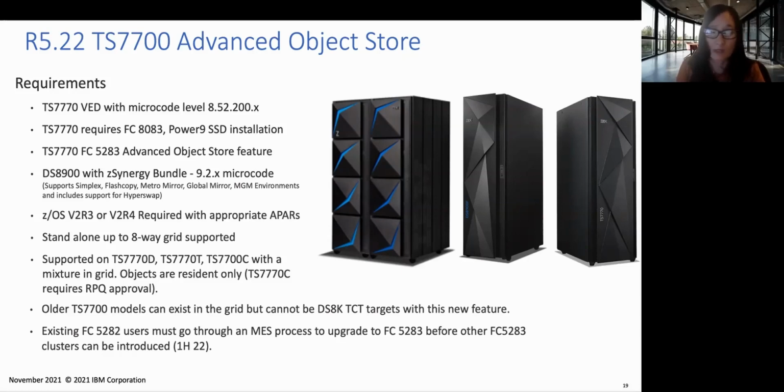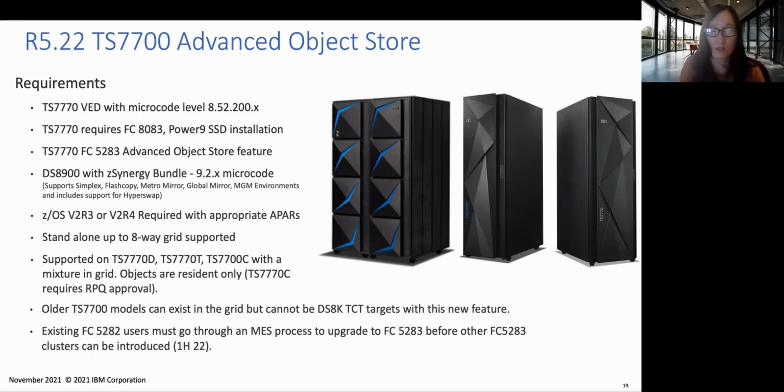And if you are a customer that has feature code 5282, this is the one that we released in 5.0, then you will be required to do an MES upgrade to 5283 before you can start using 5283. And that's very important to know, because we won't support a mixture in an environment, and we want to push everyone to 5283.